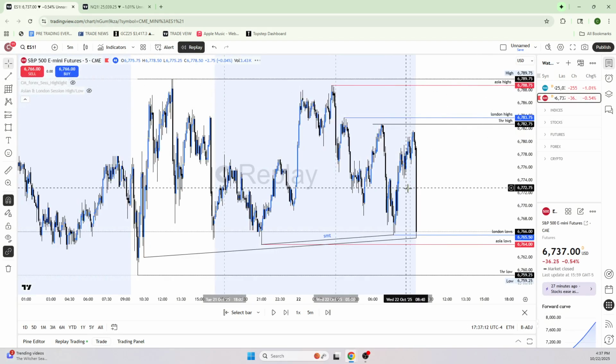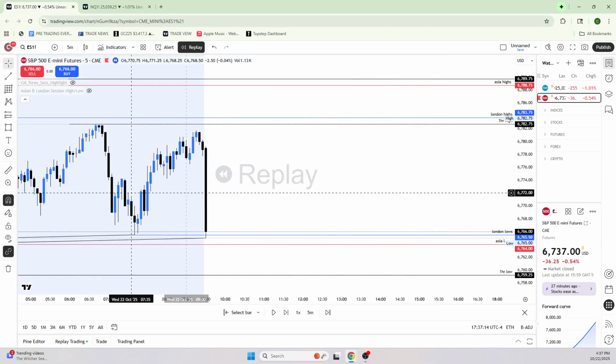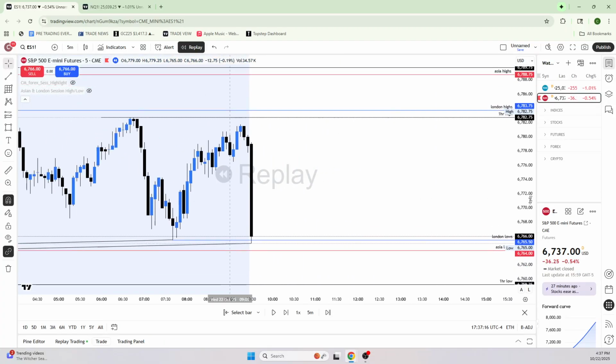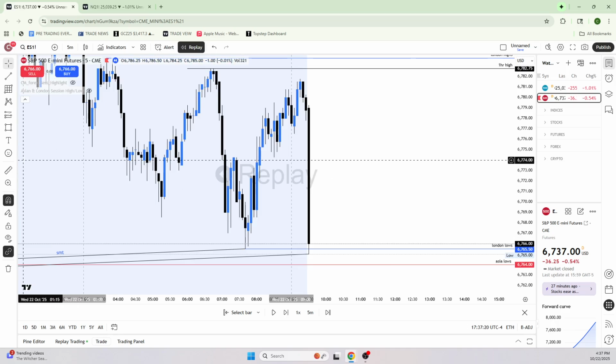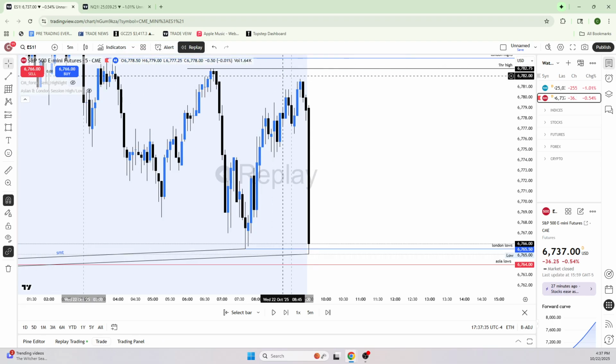I mean, we have two bullish S&Ts on ES, telling us that it probably wants to go higher. So we're gonna wait until the macro starts, maybe. See what happens off of that.